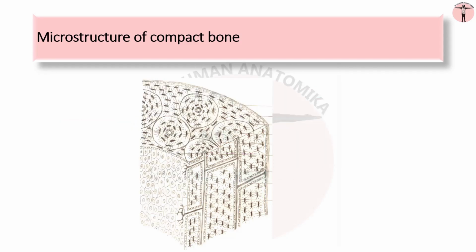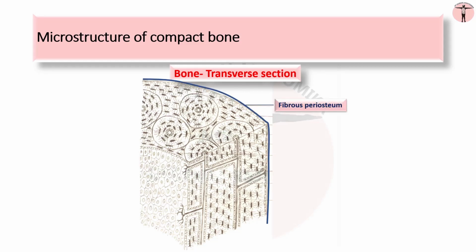Until now, we discussed the components and the general arrangement of the components in bone. Now we will study the specific arrangement of components of bone in two types of sections, transverse section and longitudinal section. In the transverse section of bone, the specific features observed are two layers of periosteum, outer fibrous and inner osteogenic layers, covering the whole surface of the bone.